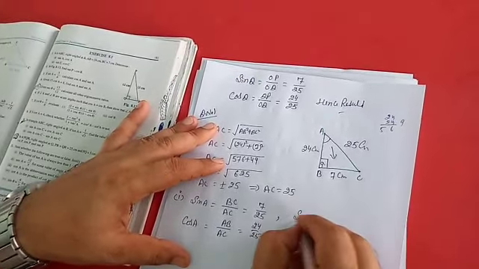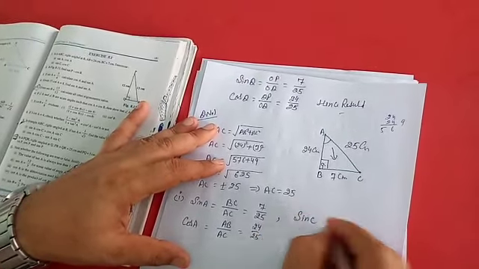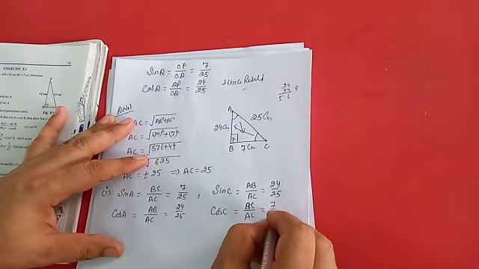Similarly, you have to find out sine of C. C angle is this. Perpendicular is opposite to this, AB by AC is equal to 24 by 25. Cos of C is BC by AC equal to 7 by 25.